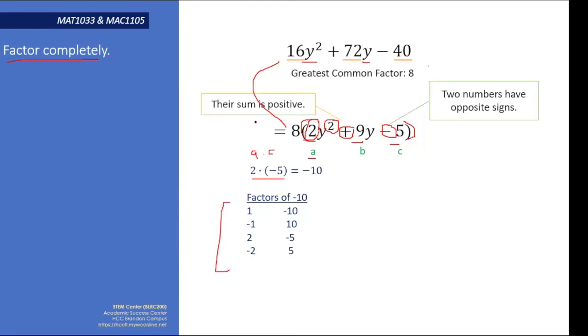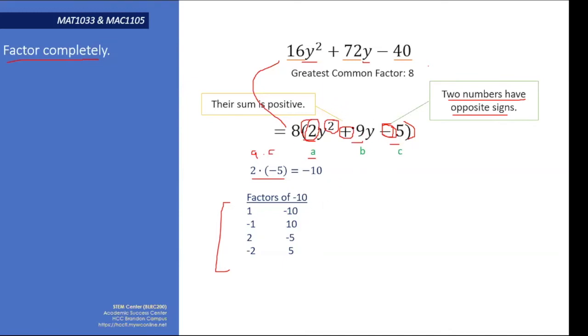Now this is where the details that we mentioned earlier come into play. First, we noted that the C was negative, so the two numbers that multiply give opposite signs. So that's, if you notice, that's why all of these 4 factorizations that I've written are, one of them is negative and one is positive.